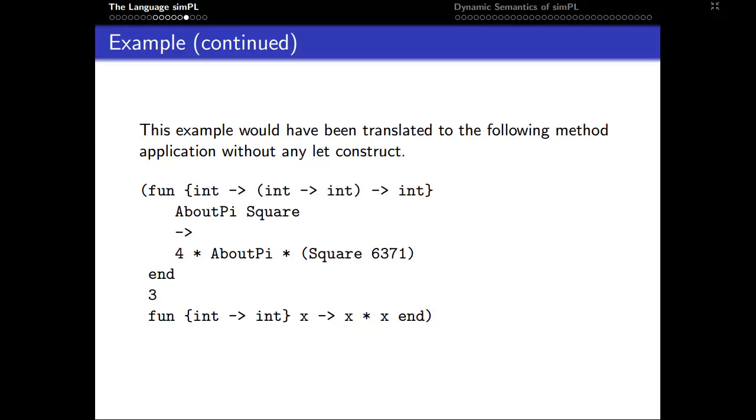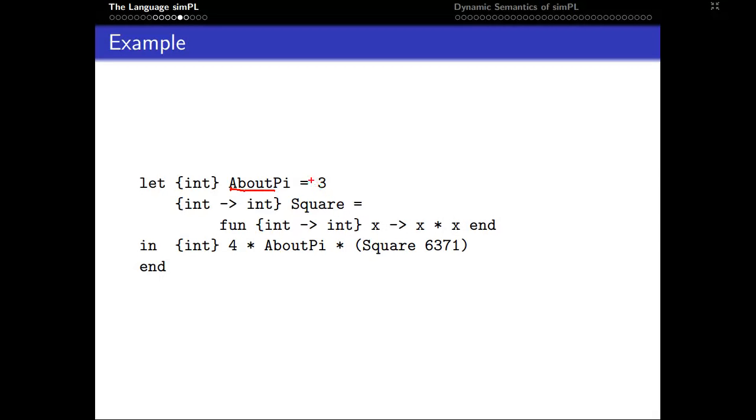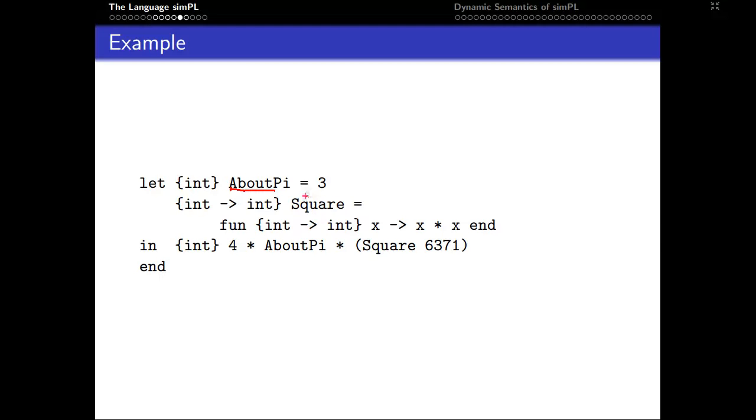So let's very quickly look at what's happening here. We have two variables, about pi, which is 3, close enough to 3.14, and square, which is our function.